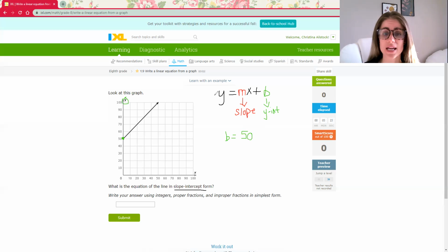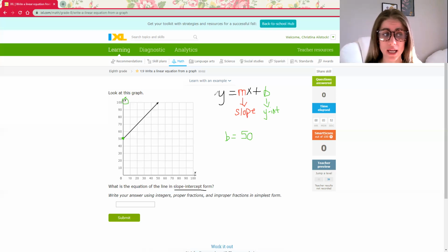Slope, remember, is how much our y changes over how much our x changes. So rise over run. When we're looking for that rise over run, we're trying to find that movement. So we're kind of going from point to point, which means I encourage you guys to find a second point on that line. Obviously, they didn't put any points there for you, so you need to locate that.